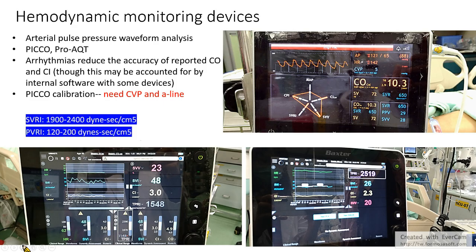But just keep in mind that if a patient has any arrhythmia, then the arrhythmia can reduce the accuracy of these reported data, because each arrhythmic stroke influences the accuracy in measuring these parameters.